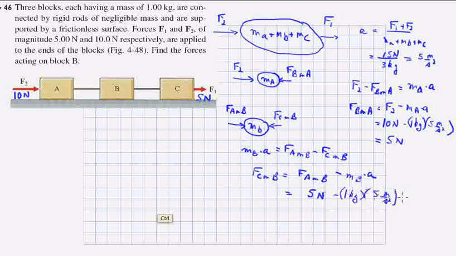This is 5 newtons, this is 5 newtons, and that's equal to 0. And so therefore, the two forces that act on B are the force of A on B, which is a 5 Newton force, and a force of C on B, which is, in this case, a 0 Newton force. And I'm ignoring the forces in the vertical direction, concentrating on forces that are in the horizontal direction.